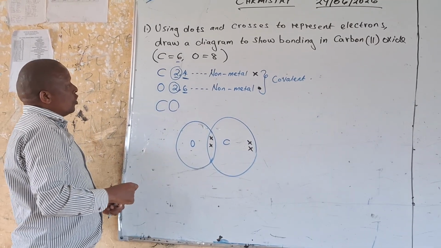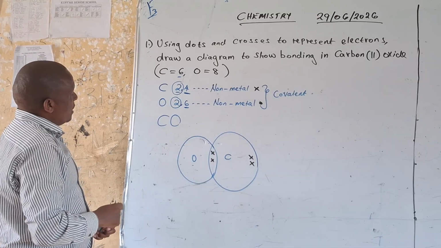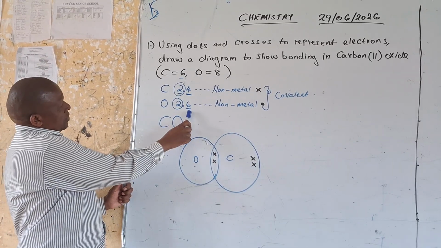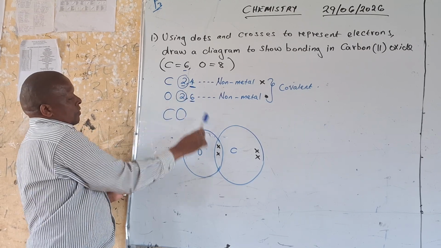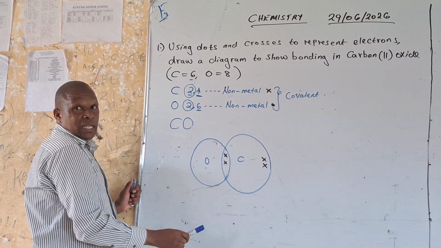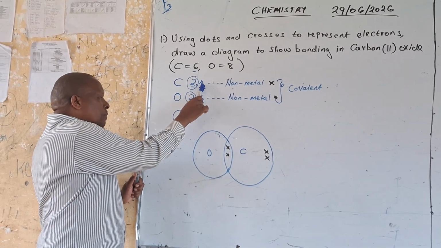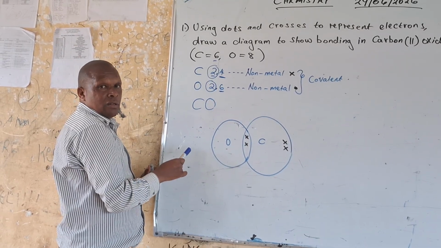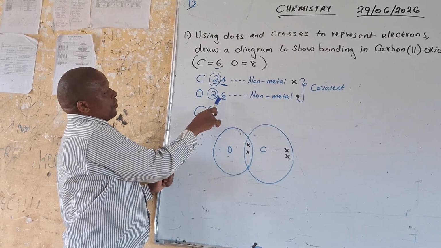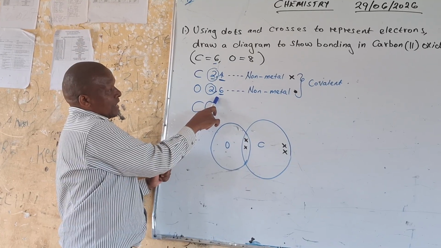Very good. Let's now go to the next element, which is carbon. How many electrons does carbon have? 1, 2, 3, 4. Are we together? Yes. How many does carbon require to become stable? 4. Where would those 4 come from? Oxygen. Are you seeing that? Yes.